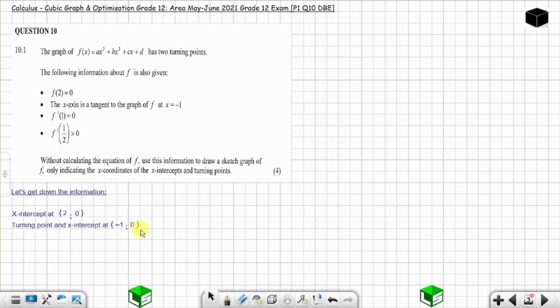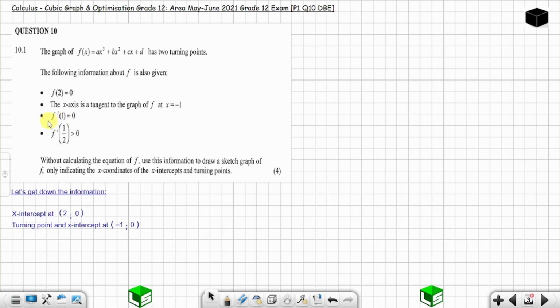Let's carry on. Now you have f'(1) = 0. This is the first derivative. For the first derivative to be equal to 0, this can only happen at a turning point.